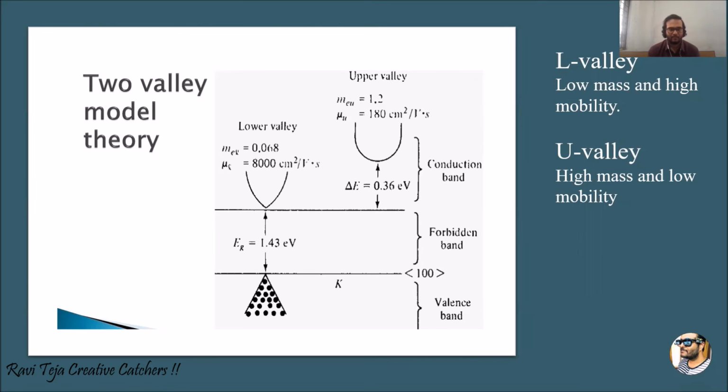But when the electrons move from the lower valley to the upper valley, as the voltage increases, the current decreases. This is considered as the Gunn effect or the negative resistance effect. In this negative resistance mode, our Gunn diode starts acting as an oscillator. This is how the two-valley model theory justifies the Gunn effect concept.